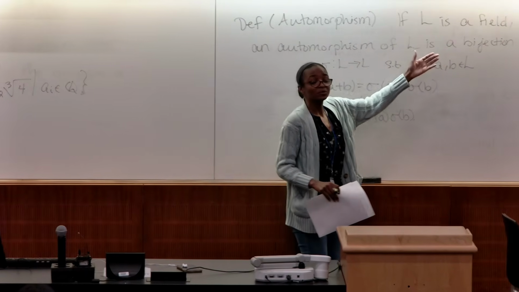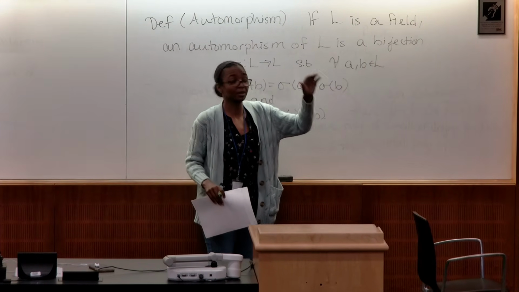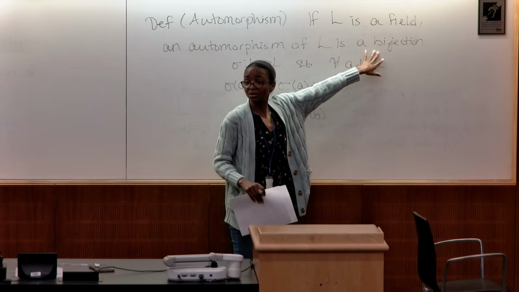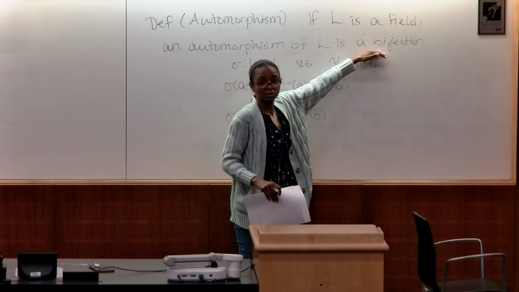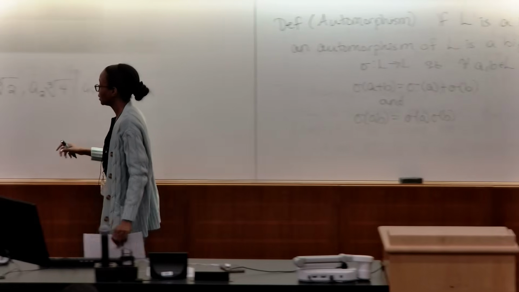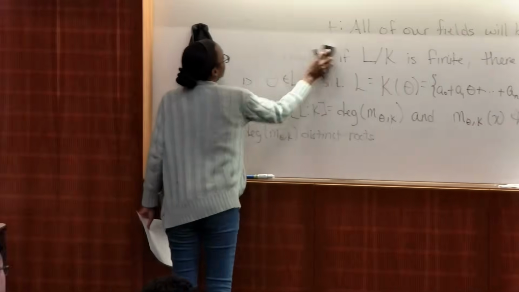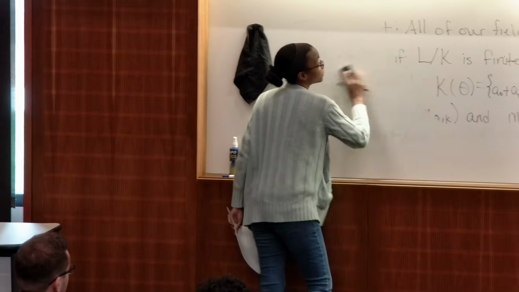If you're wondering if you've seen field automorphisms before, you might have seen something about sigma of 1 being 1. That is forced by this condition here. So I'm not giving you a definition that you haven't seen before. If you've seen the definition of a ring automorphism, there are things that I'm sort of hiding in the fact that this is a bijection. If you haven't worked with field automorphisms before, then an important fact is that the set of all automorphisms forms a group.